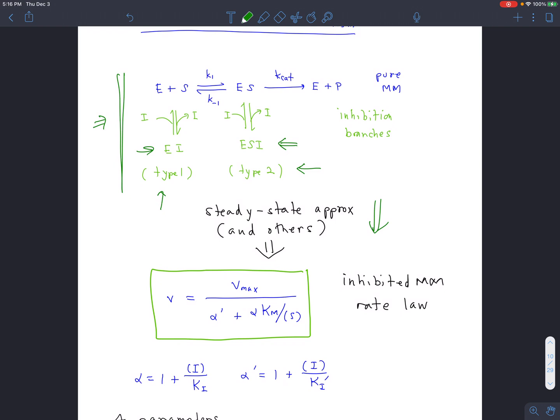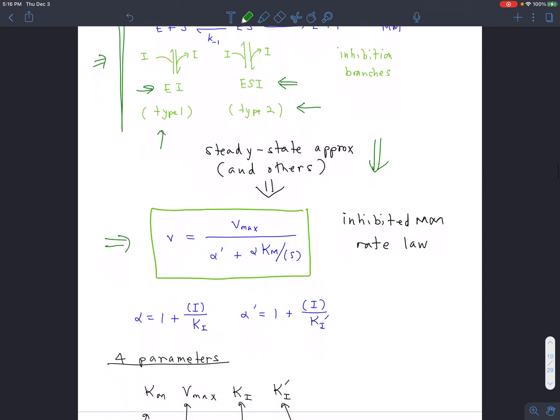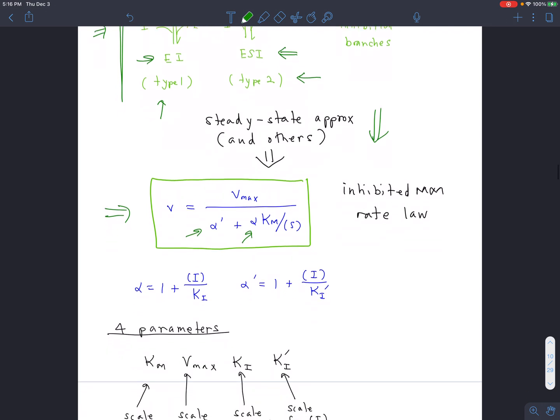Again, other approximations are also needed in this case, and you arrive at this expression for the rate law. The thing that's new, of course, are these alpha and alpha prime numbers, which depend on the inhibitor concentration. So alpha is 1 plus the inhibitor over Ki, and alpha prime is 1 plus the inhibitor over Ki prime.